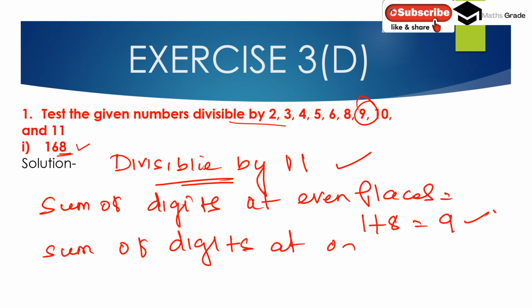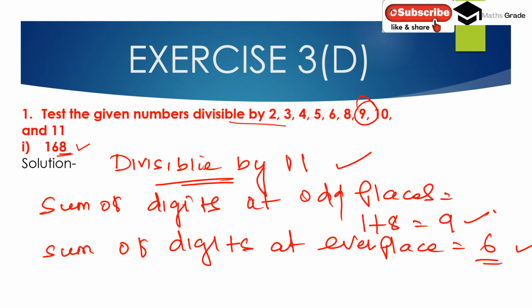This is the odd place and this is the even place. Sum of digits at the even place is 9 and sum of digits at the odd place is 6.